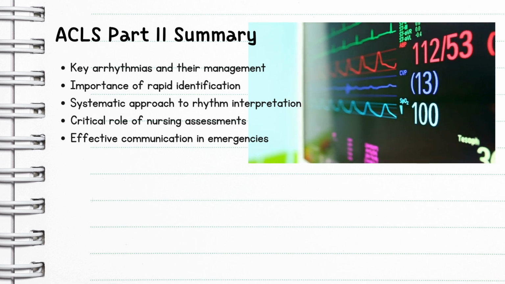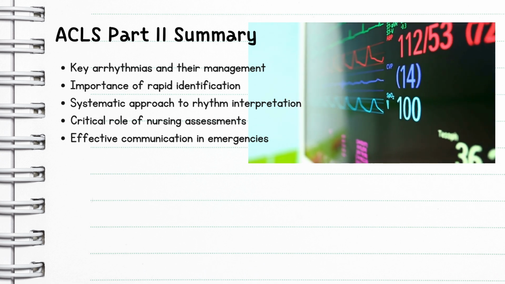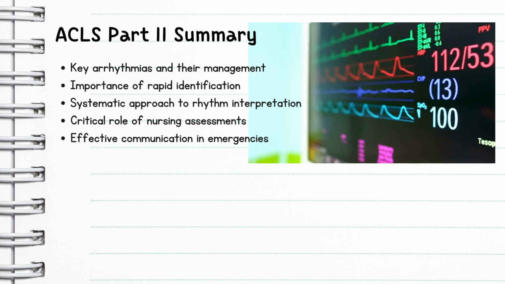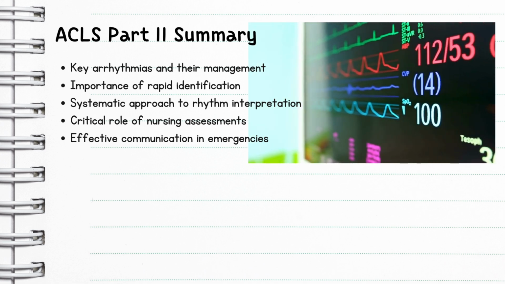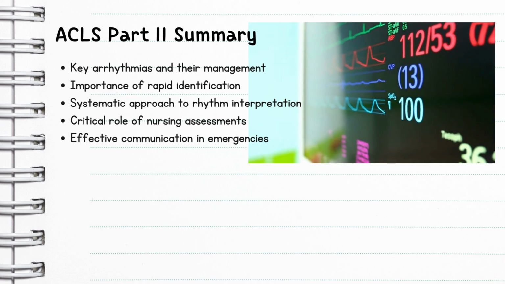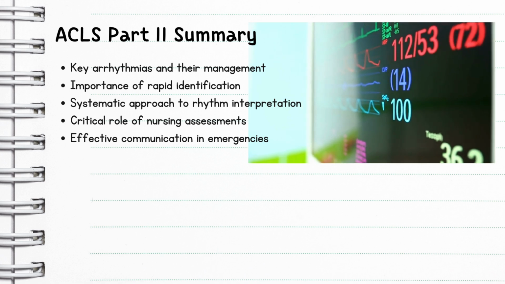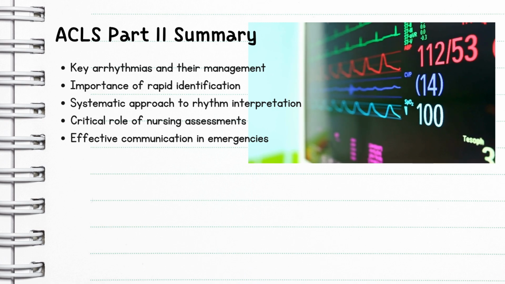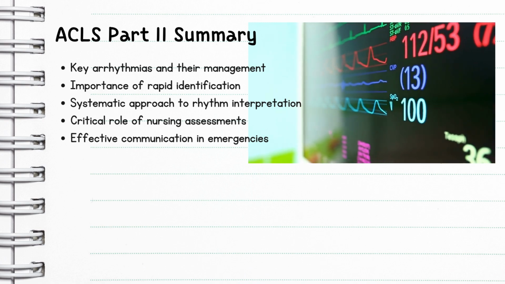So in summary, we've covered the key elements of arrhythmias that you're going to encounter in ACLS and the critical importance of the rapid identification and management of those arrhythmias. Remember to take a systematic approach when you're doing rhythm interpretation, starting with the basics and building up on those to understand how significant the findings are clinically, okay?